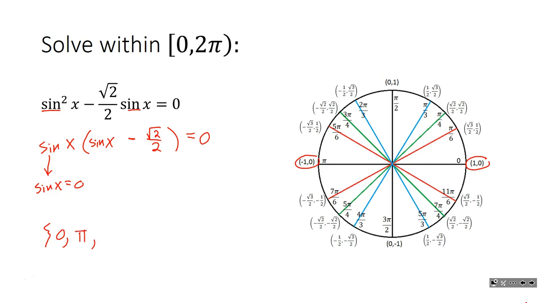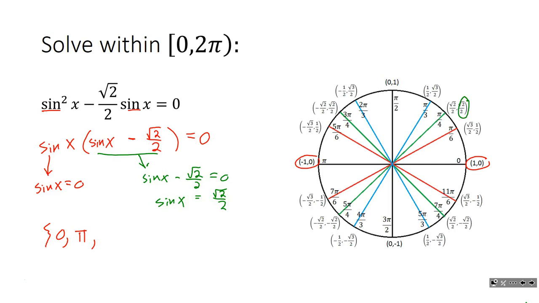So now let's go deal with the other factor, this second one. If we take that factor and set it equal to 0, we would first have to isolate sine by adding the square root of 2 over 2 to both sides, and we would get this. Okay, so now we're looking at where the sine of x is equal to square root of 2 over 2.